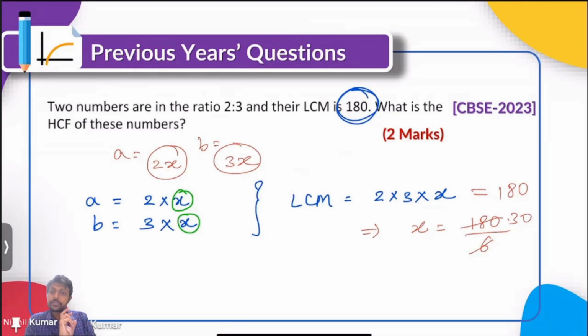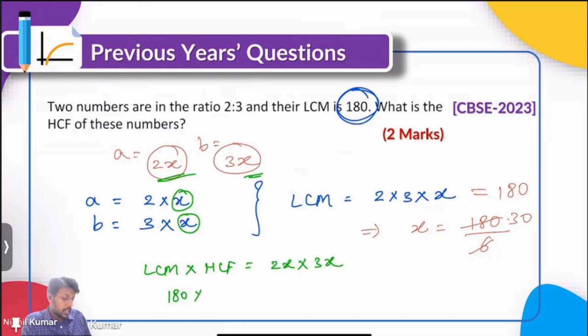That is one way. The other way is to use the relation that we learned. The relation was LCM into HCF is equal to A into B. So 2x into 3x. LCM is 180, HCF is what I have to find out. 6 times x square.